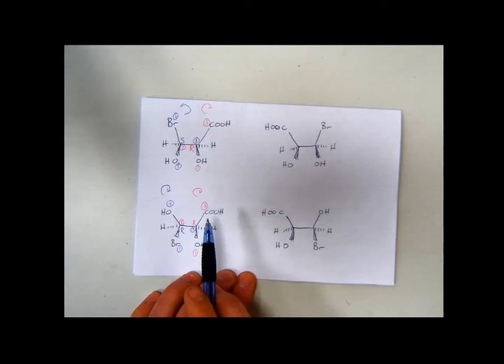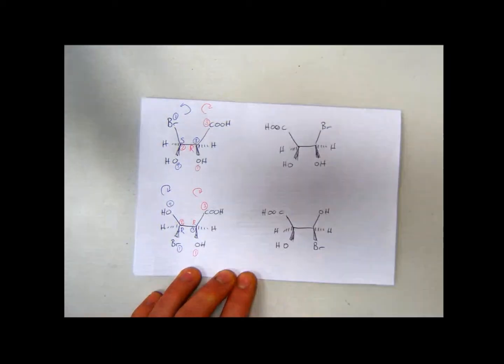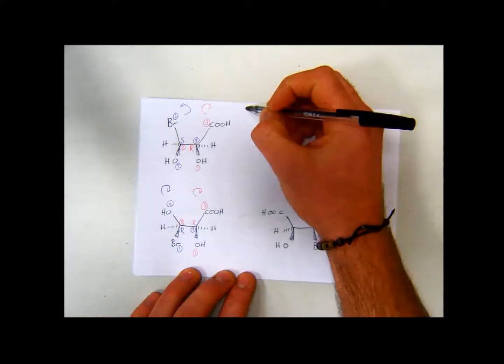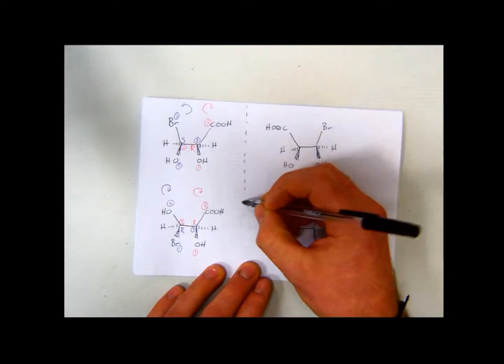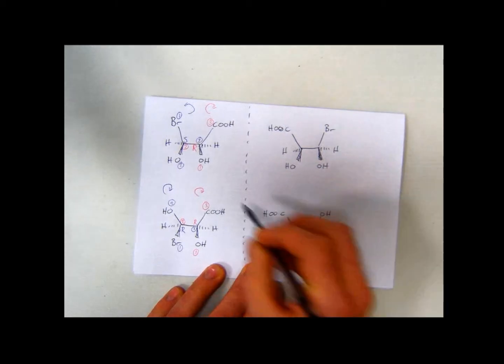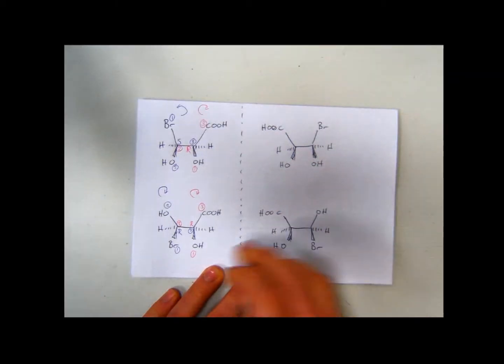When put through a mirror plane, as there is, to separate these two molecules, we can just simply invert the stereochemistry.